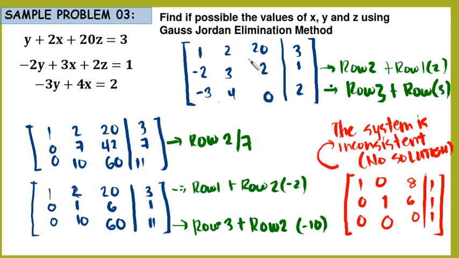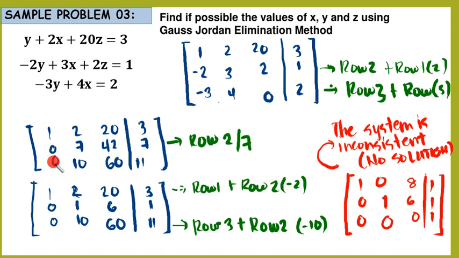So, first, meron tayong 1 dito and then we need to make this -2 and -3 equal to 0. And this equation, pag ito yung ginamit nating equation, mako-convert natin itong -2 and -3 ng 0. Of course, this equation applies to the whole row 2 and this equation applies to the whole row 3. So, ito yung magiging resultant matrix natin.